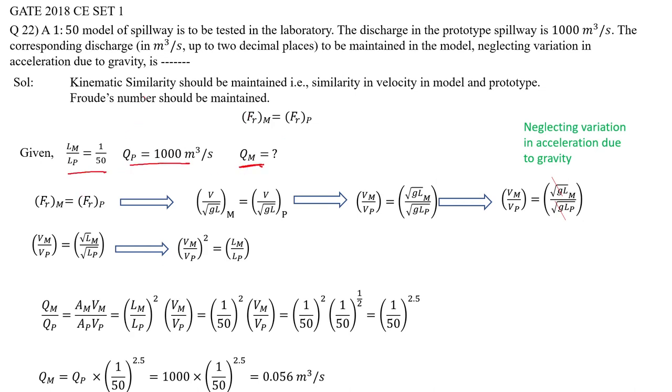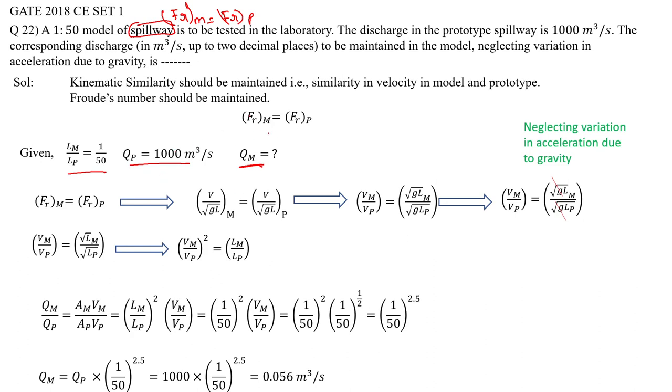While creating a model for a spillway, we should ensure that the Froude number in the model should be equal to the Froude number in the prototype, because this is an open surface flow where the gravitational forces are dominant. If rather than a spillway it is an oil pipe or gas pipe, then we may need to use either the Euler number or Reynolds number, depending upon how the fluid is flowing.